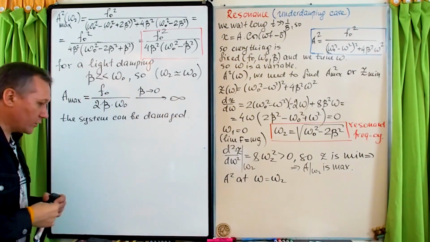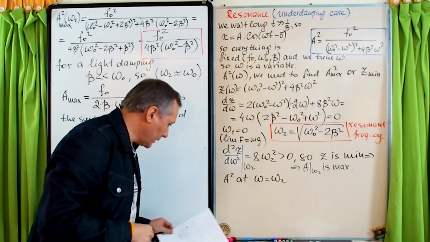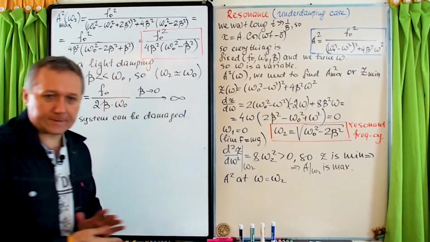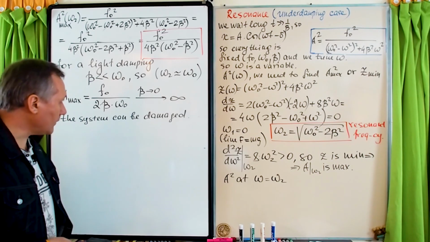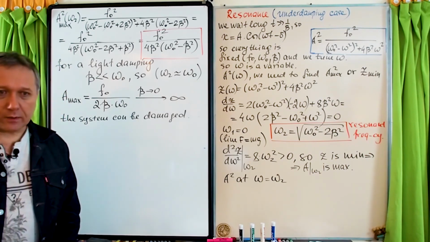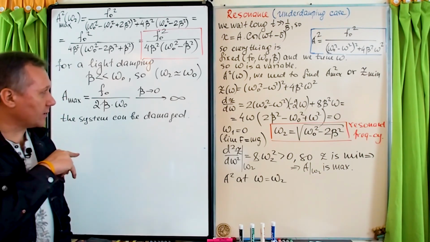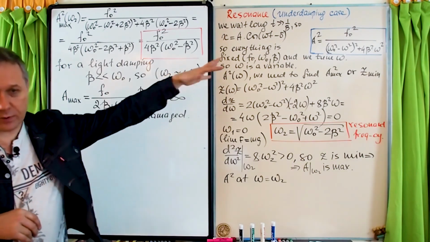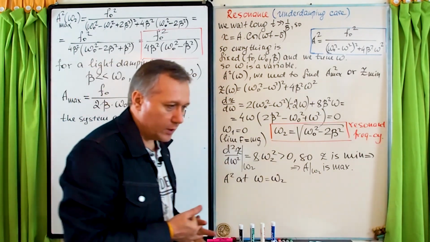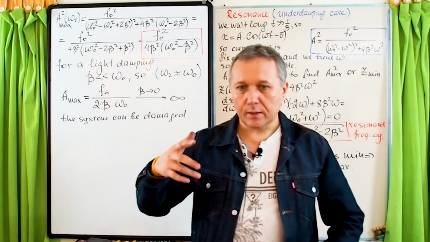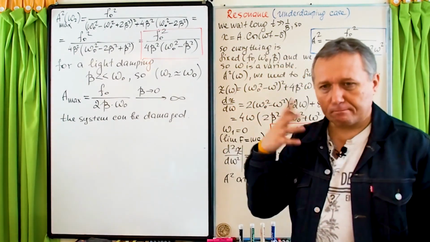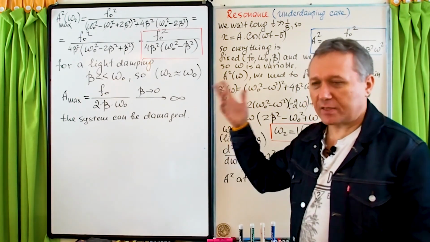Okay, so we will take from here next class. Again, next class will be the exam. We will discuss, we will plot this amplitude, so look at different betas, and then some examples.